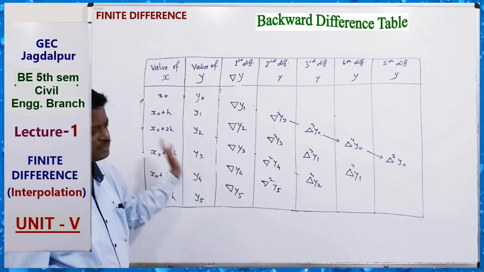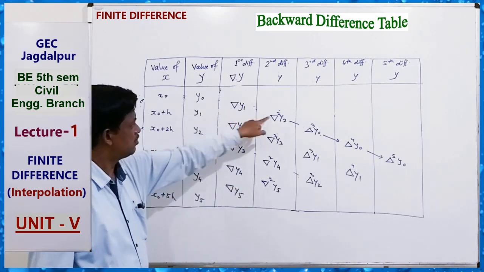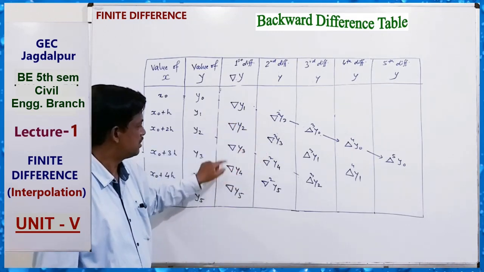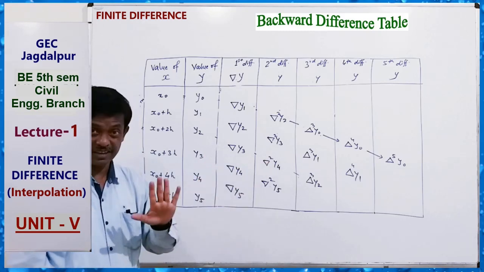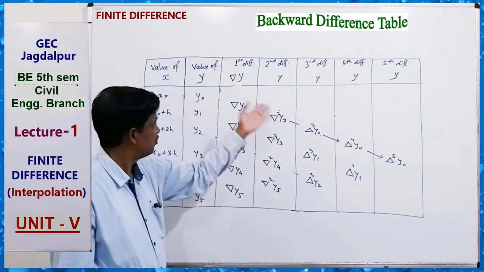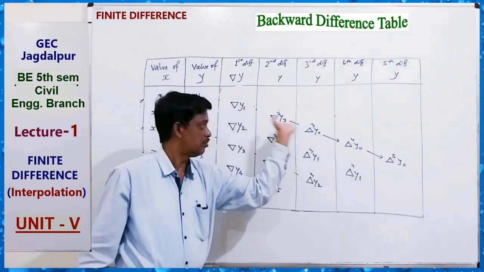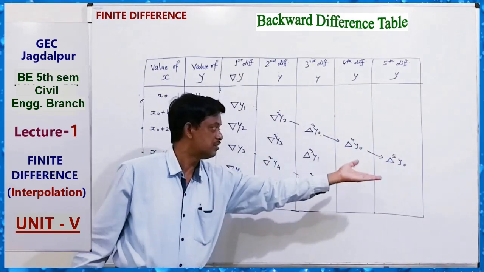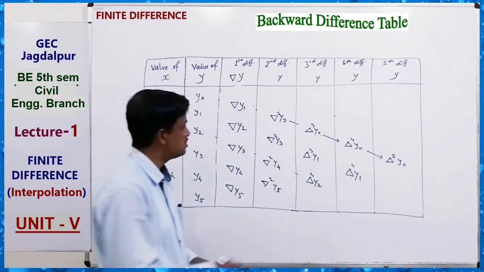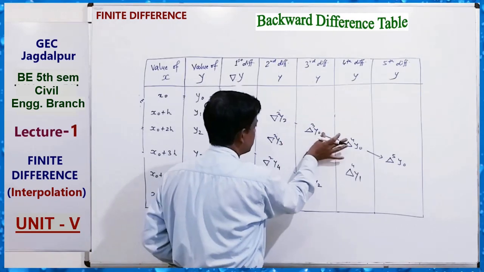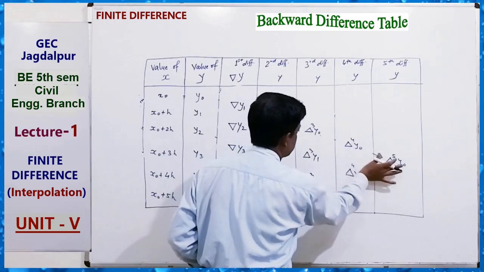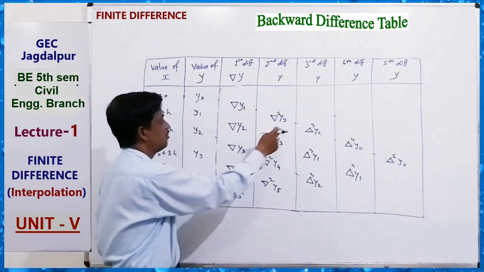Table creation method is the same. This minus this equals this minus this, and so on. But there, the whole line depended on y0. Here we see that the indexes are different, y1, y2.